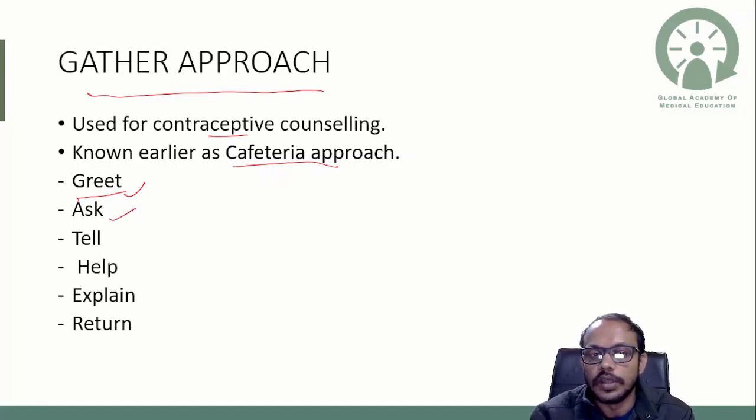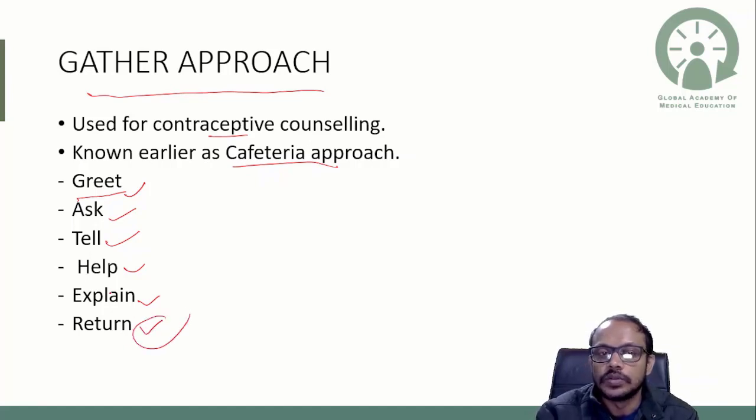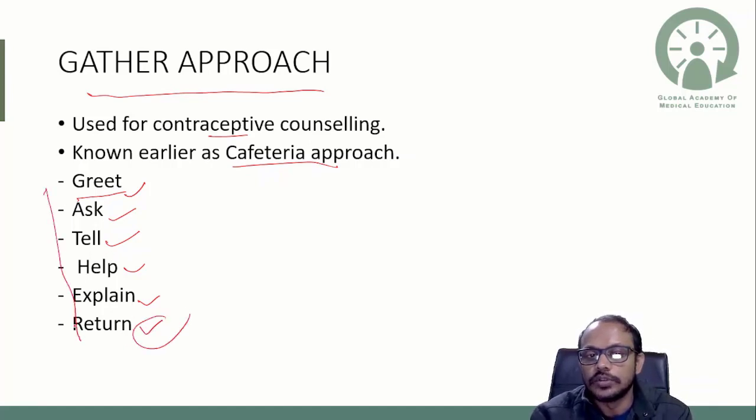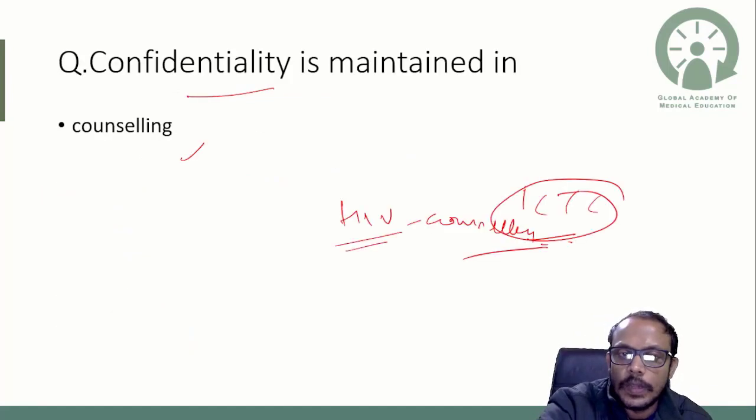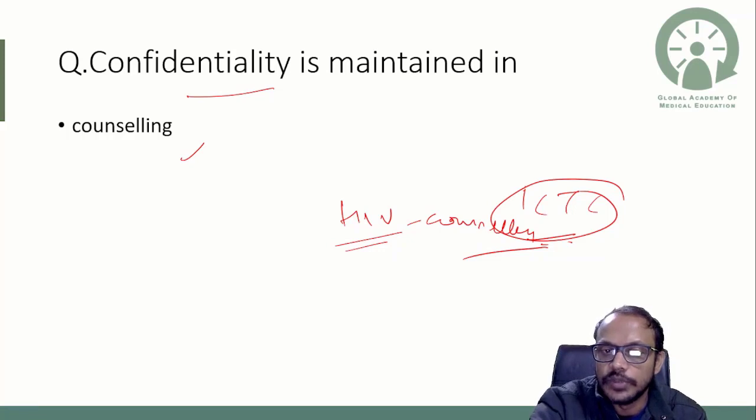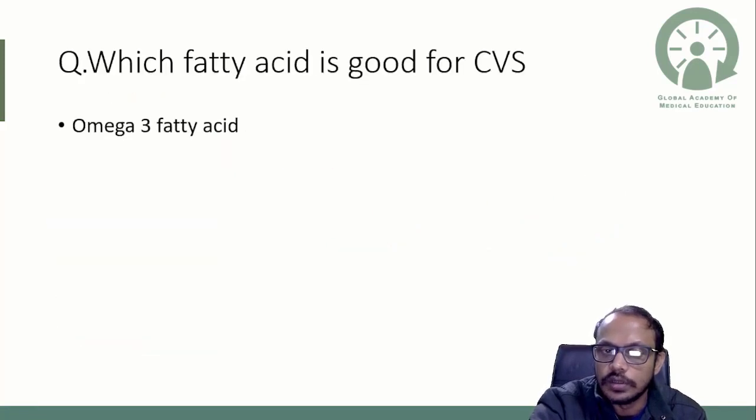Ask what they require, tell them the options, help them find the right option, and explain all the effects and side effects of whatever you are counseling. Then ask when to return for follow up. So this is the GATHER approach, usually followed in counseling. So confidentiality is usually maintained in counseling.